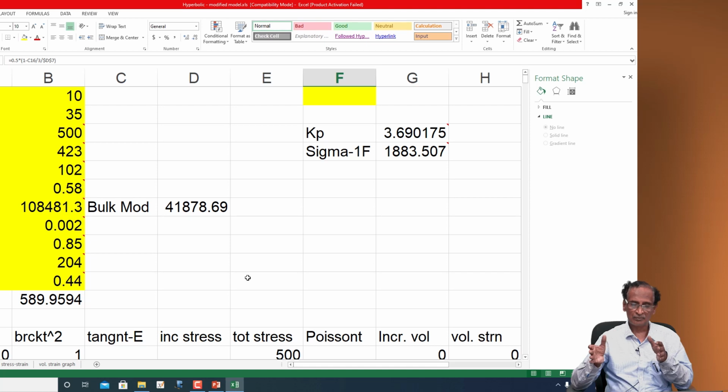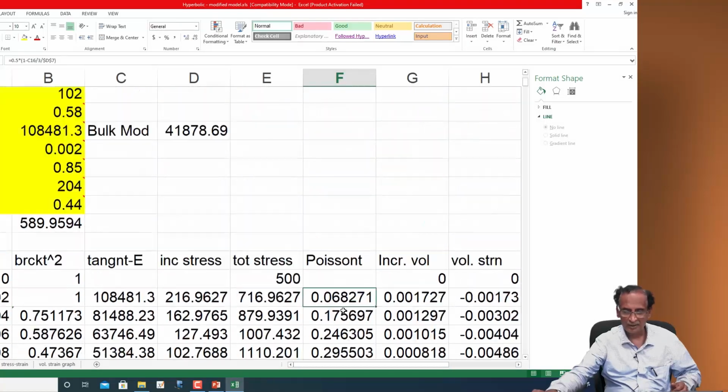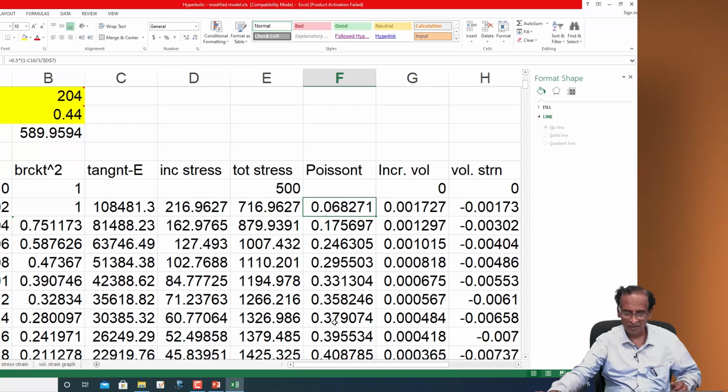Because of that, as the E reduces, your Poisson's ratio will go on increasing towards 0.5. So that is what we see here. Okay. The initial Poisson's ratio was 0.068, and then quickly it has increased to 0.175, 0.246, 0.295 and so on.